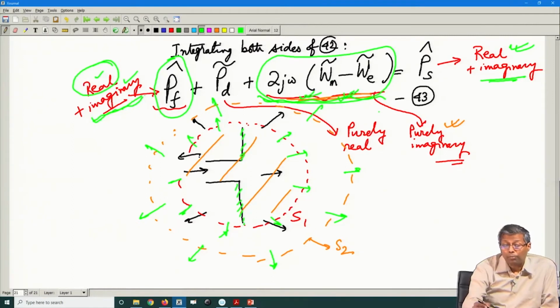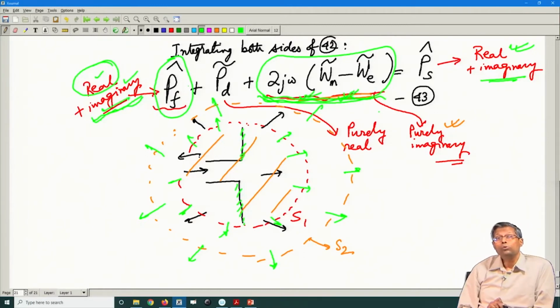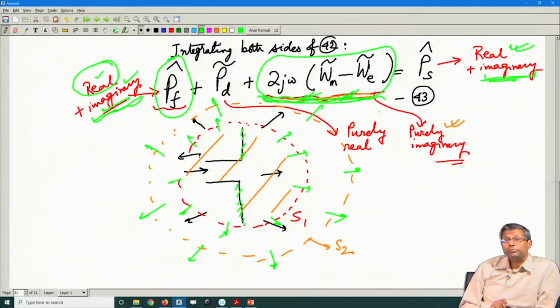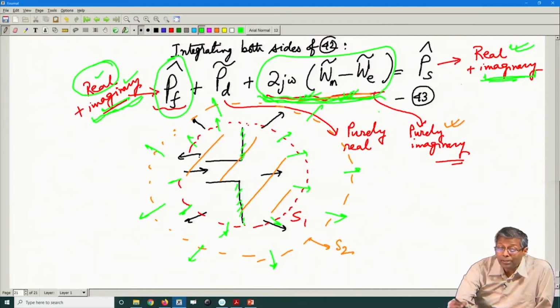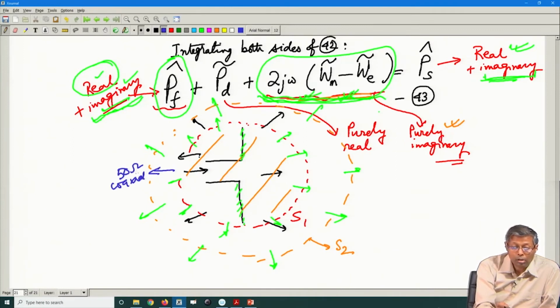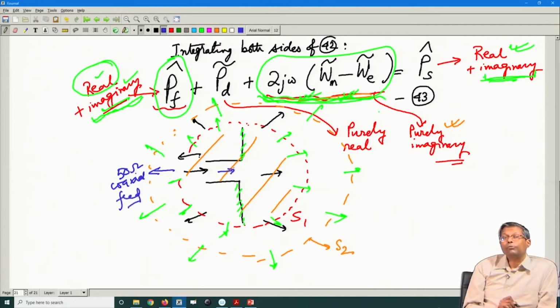So, in the near field, this term and the imaginary part of this term are contributing to the imaginary part of this. Why is this important? This is important because we want to match this to the 50 ohm load. On the other side, I have a 50 ohm coaxial line. So, this input impedance has to match to the 50 ohm feed.